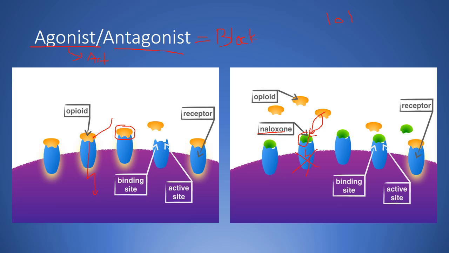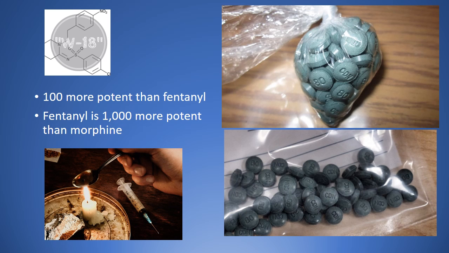The other is that Narcan has a stronger affinity for that receptor than the opioid may have. So it will basically stick in there a lot stronger than the opioid may, with a few exceptions. So speaking of some exceptions, we mentioned that the shape determines how strongly it binds.